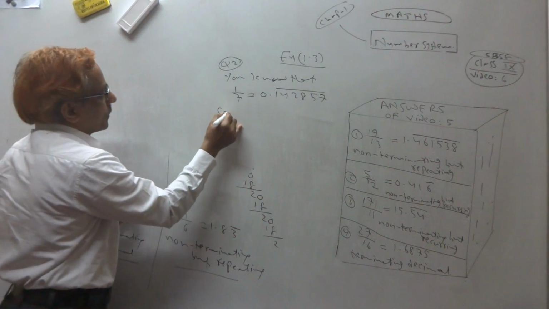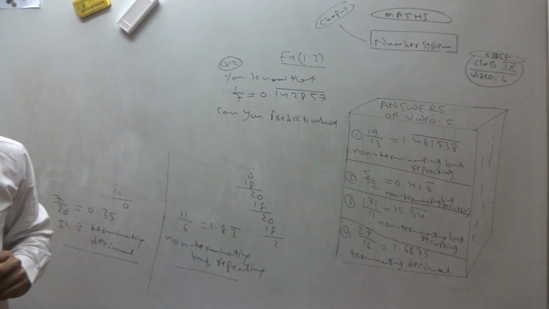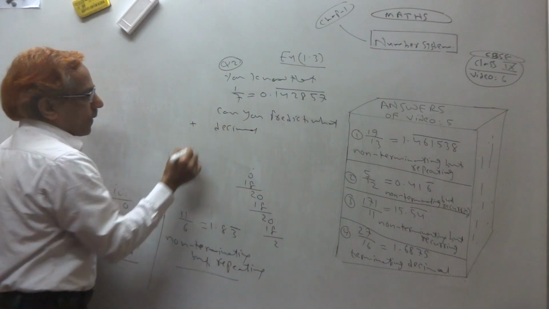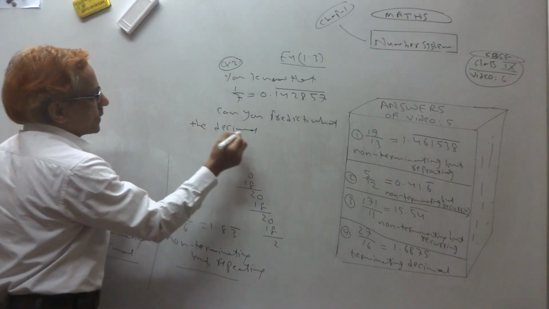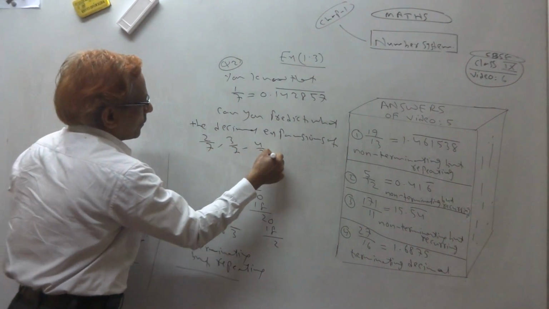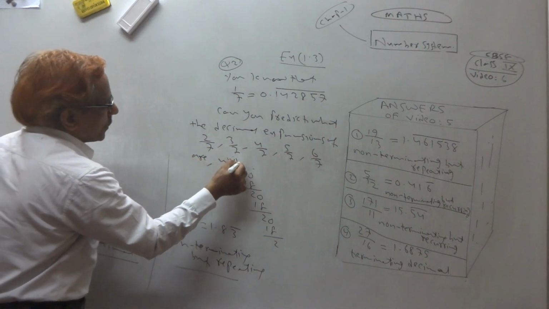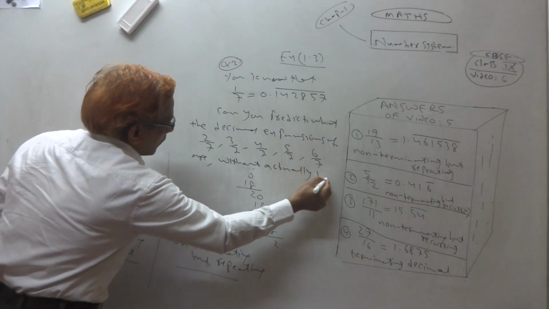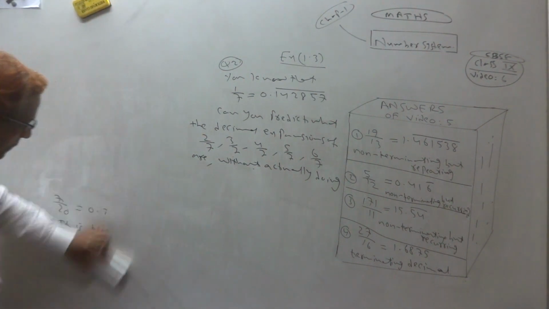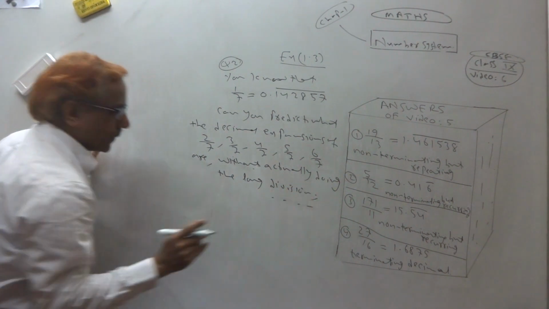Can you predict what the decimal expansions of 2 by 7, 3 by 7, 4 by 7, 5 by 7, 6 by 7, okay, are without actually doing the long division? If so, how? This is the question.